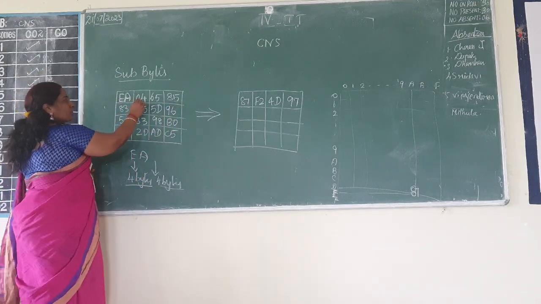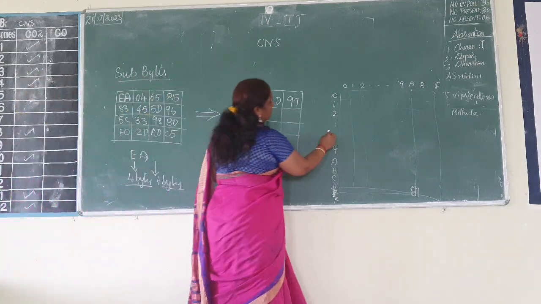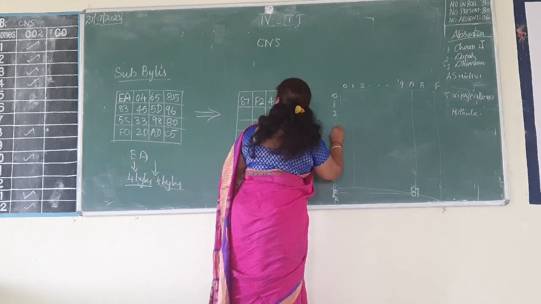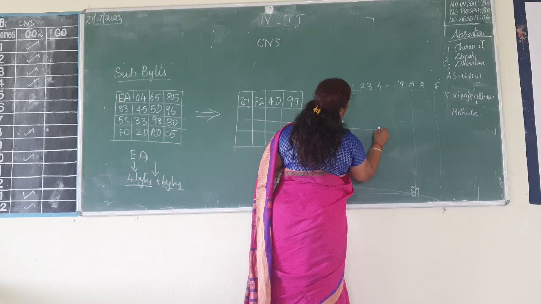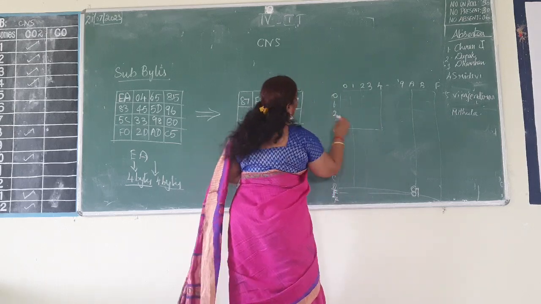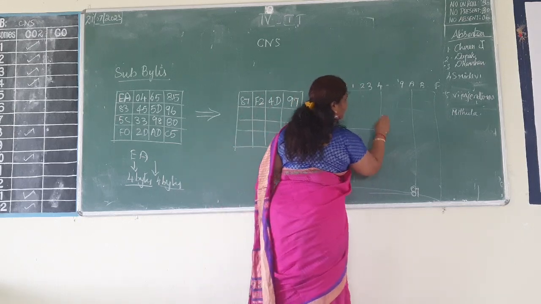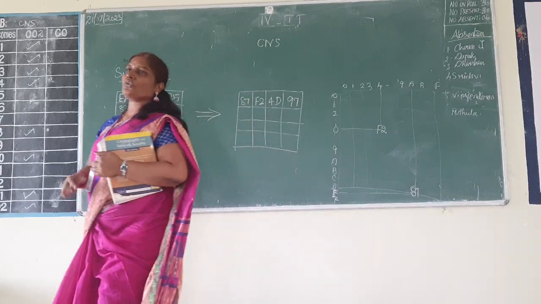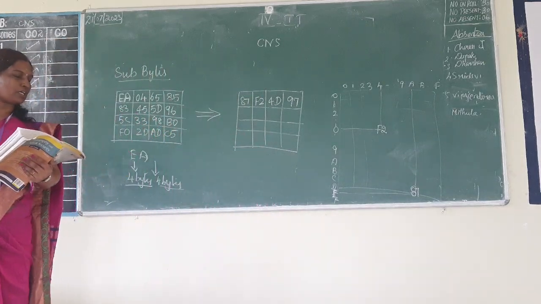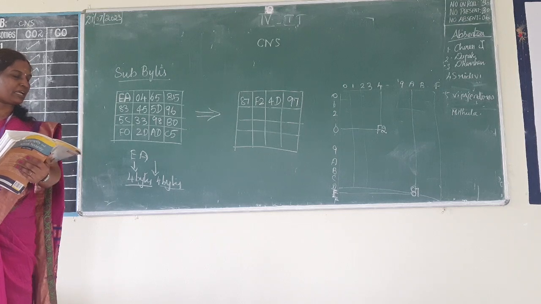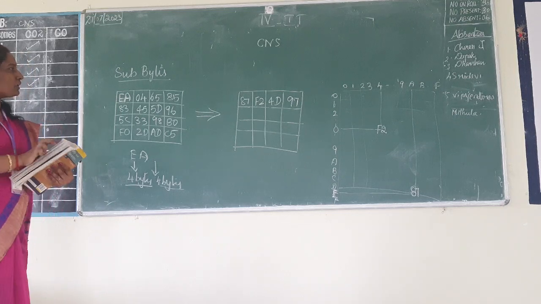Similarly 0, 4: 0th row, 4th column, we have the entry F2. For this, if you have the book, you can refer easily. So 0th row, 4th column, you will have the entry F2.